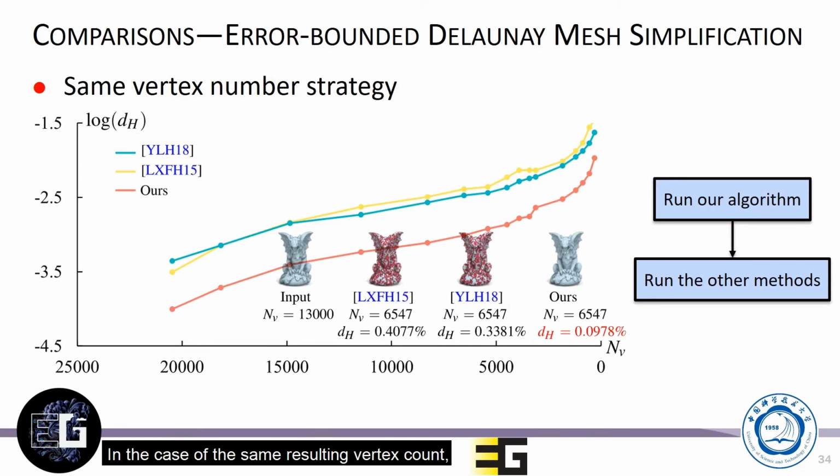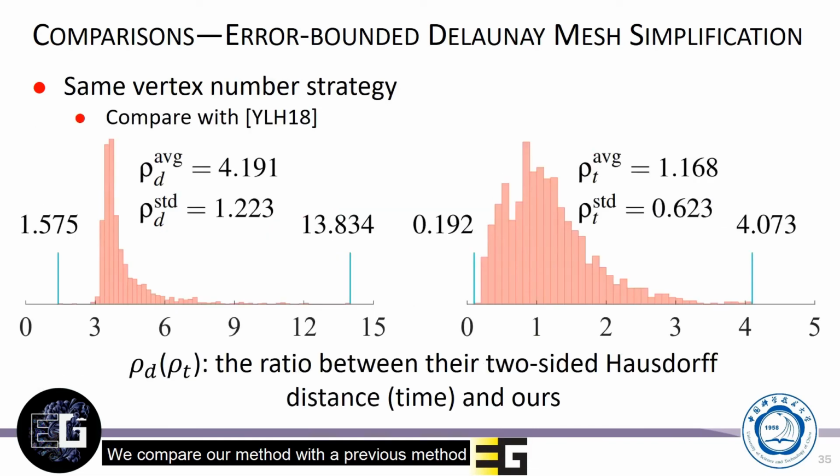In the case of the same resulting vertex count, our resulting Hausdorff distance is much smaller than theirs. We compare our method with a previous method on our dataset. For the same vertex strategy, we set the Hausdorff distance bound as 0.1% for our algorithm. Through these comparisons, our method is significantly superior to theirs.